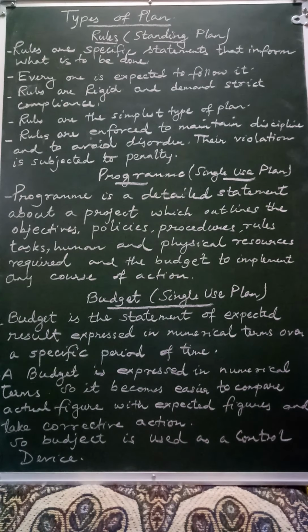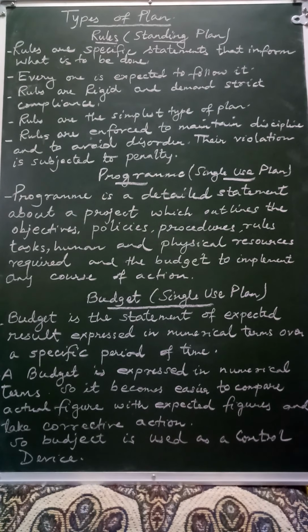It means rules reflect the decision of the management in which a particular action can be taken, or it cannot be taken. Employees are expected to follow the rules while performing any type of activity.